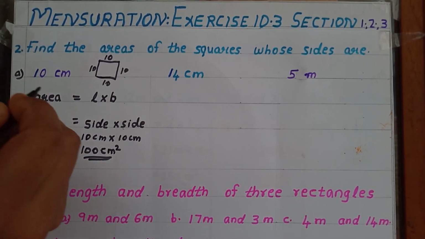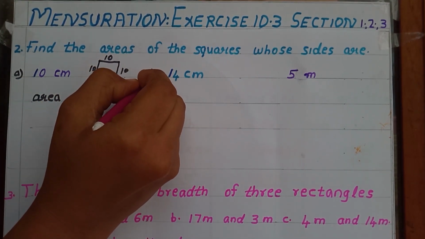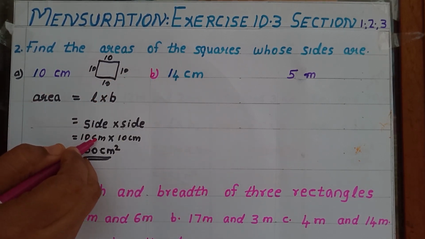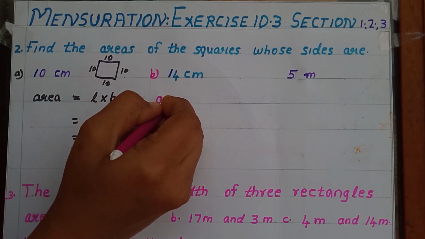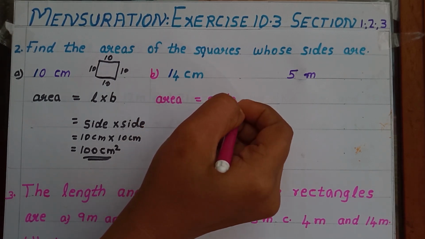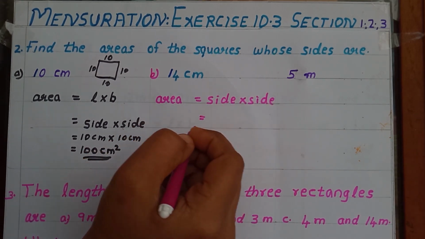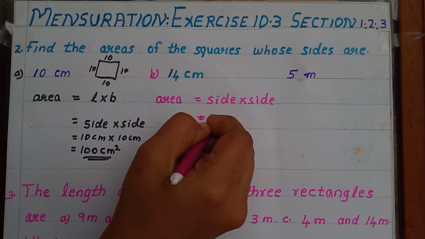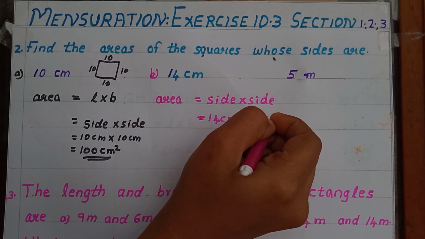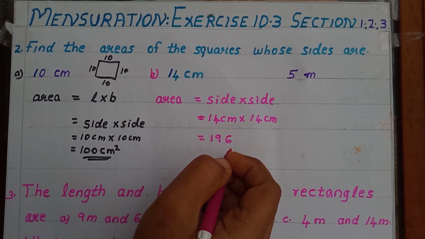Then question number B. Side is 14 centimeter. So as in the same case, area equal to side into side. Why? Length and breadth are same for a square. Equal to 14 centimeter into 14 centimeter. 14 into 14, that is 196.